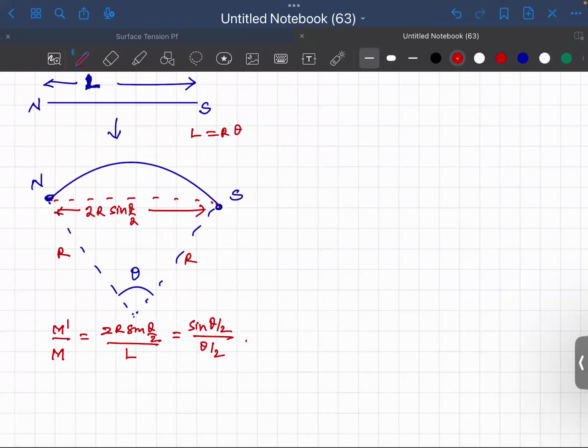For example, we are taking short bar magnets usually. If we take short bar magnets as a combination like this, south pole, north pole, magnet 1, south pole, north pole, magnet 2, this total is equivalent to a single magnet whose magnetic moment is M1 plus M2, like dipole sum.